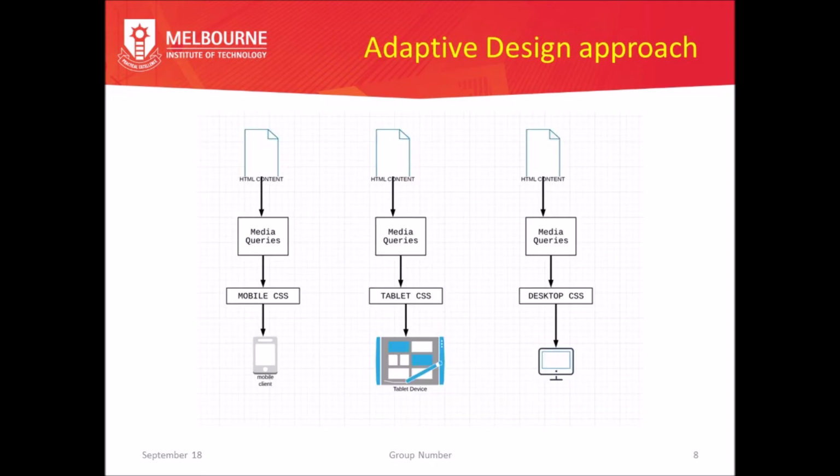Adaptive design is more like the modern definition of progressive enhancement. Instead of one flexible design, adaptive design detects the device and other features and then provides the appropriate feature and layout based on a predefined set of viewport sizes and other features.